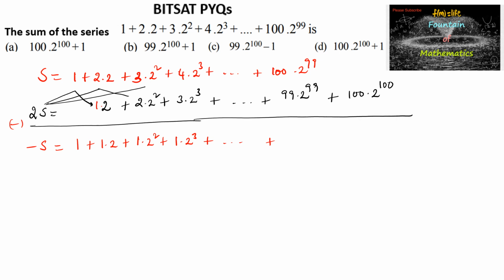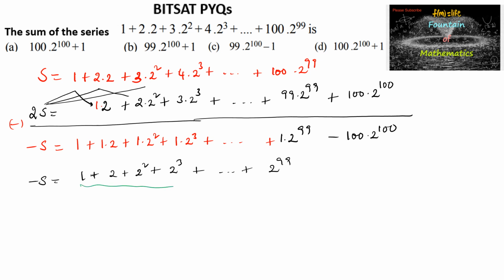So 100 minus 99 gives 1 times 2 power 99, and again here minus 100 times 2 to the power 100. So negative S is equal to 1 plus 2 plus 2 square plus 2 power 3 plus, and so on up to 2 to the power 99.